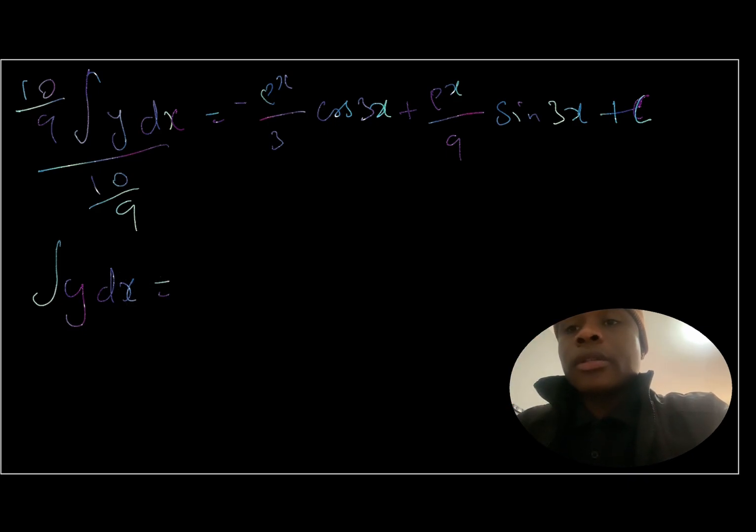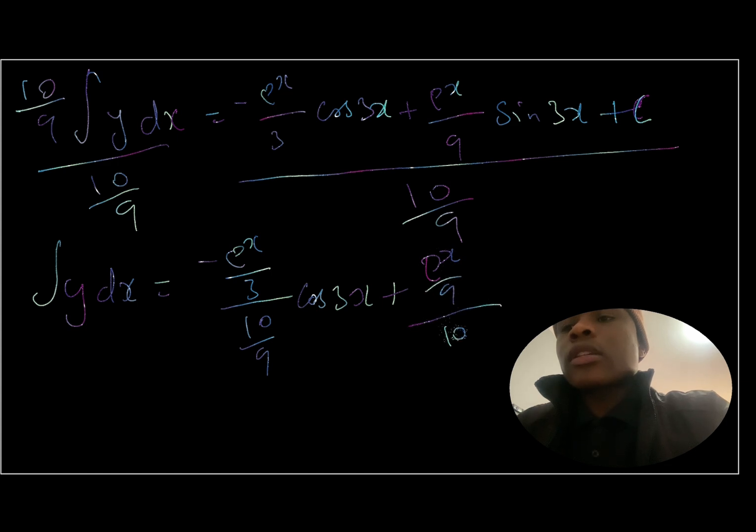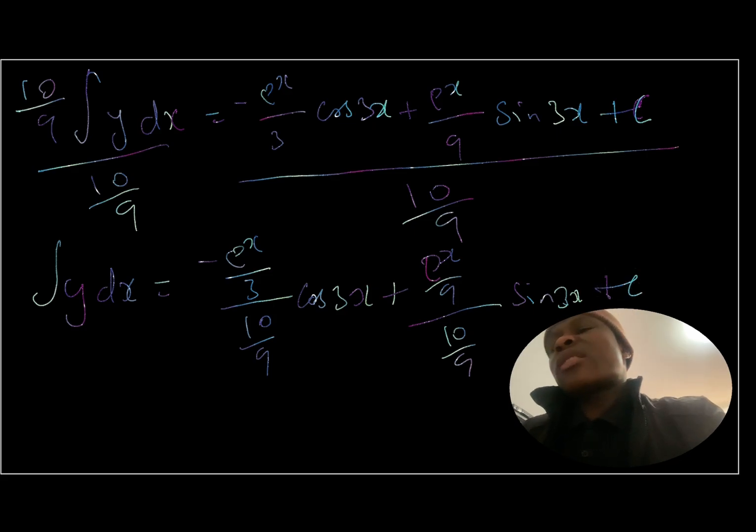We're going to divide both sides, each term individually, by 10 over 9. Therefore, our answer is cos 3x term plus the sin 3x term, plus c, right? The constant will be a constant. We don't know the exact value of the constant, but we'll just say it's a constant.